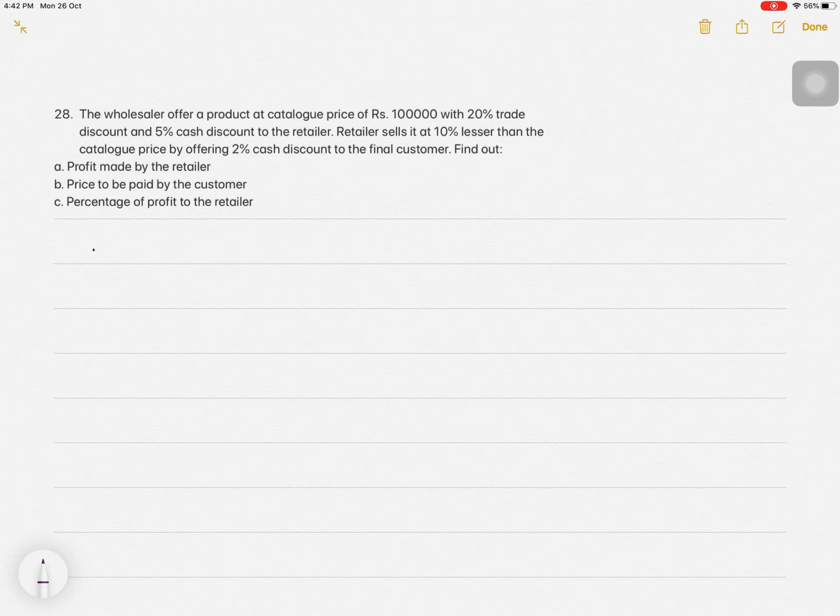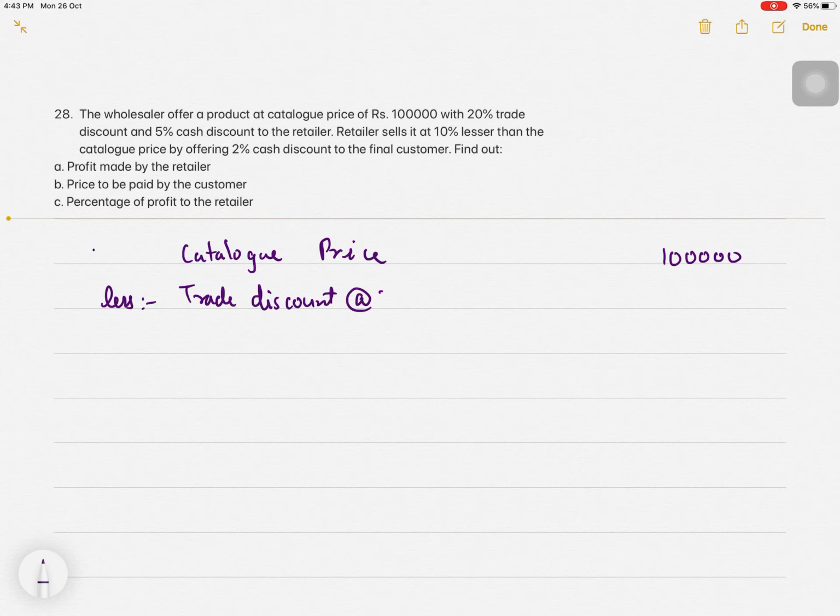Okay, so retailer is buying goods from the wholesaler, and catalog price is given as 1 lakh, less trade discount at the rate 20%. So 1 lakh into 20% comes to 20,000. So 80,000 is the invoice price.